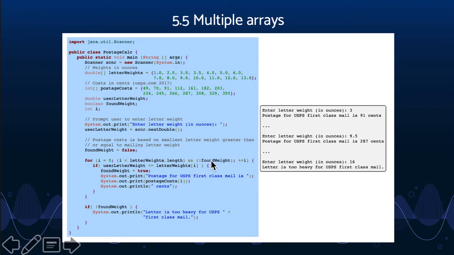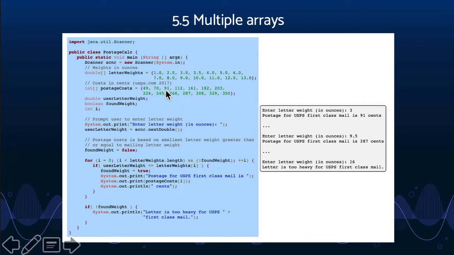As long as the condition is not false, the index will increase from 0 to the max. As it increases, it will compare index 1 for the letter weight to the postage cost, index 0, index 1, and index 3 in this case.